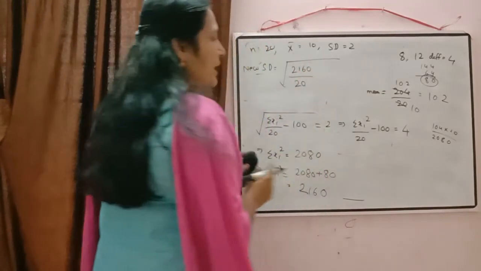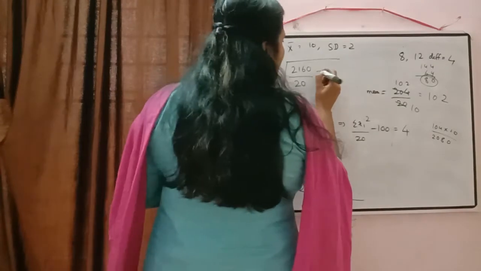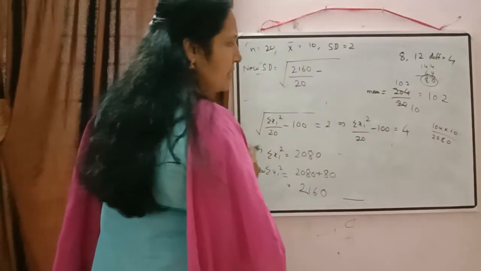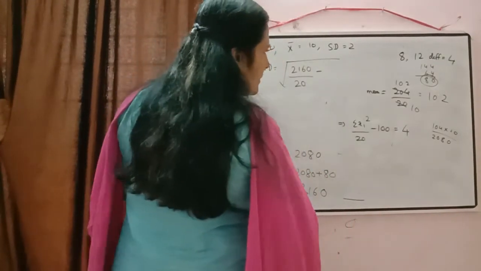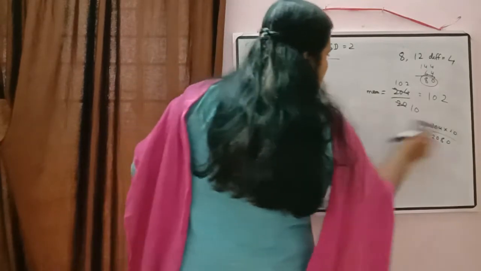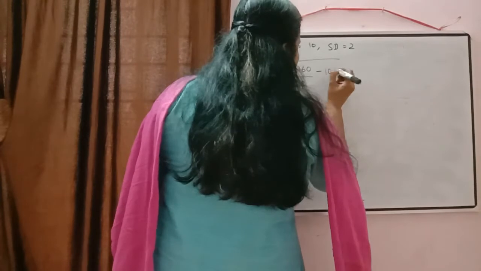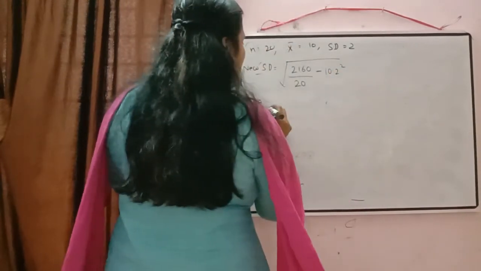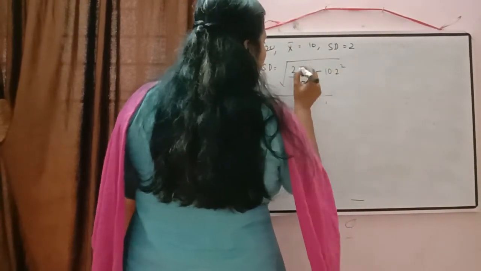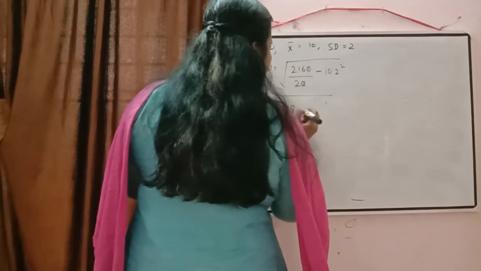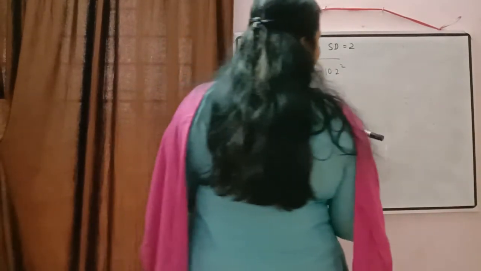2160 divided by 20 minus what was our new mean? I think our new mean was equal to 10.2. So here minus 10.2, the whole square. Now here we can check what will come. This will get cancelled. Here it will be equal to 108 minus 10.2 square.